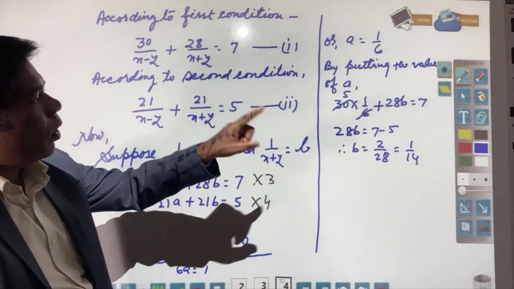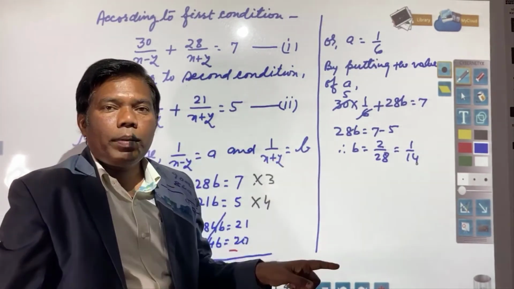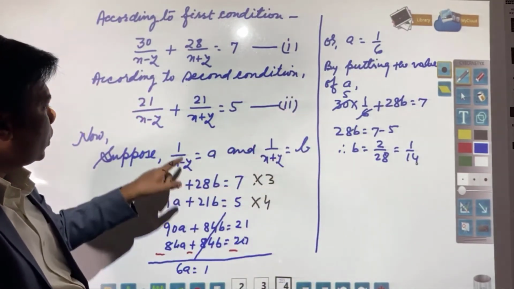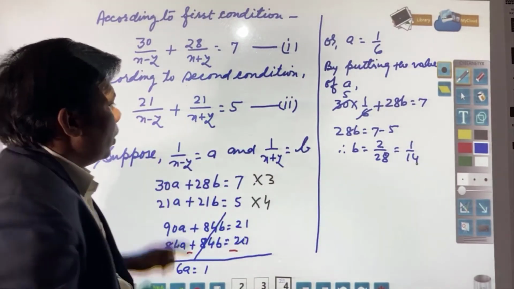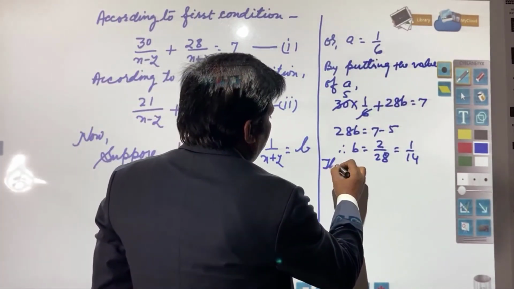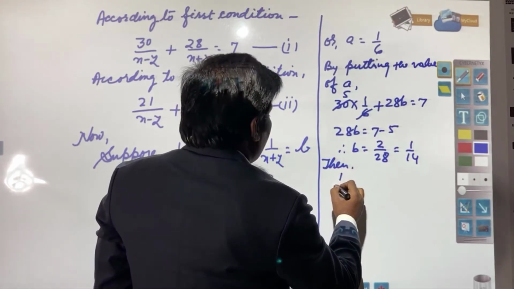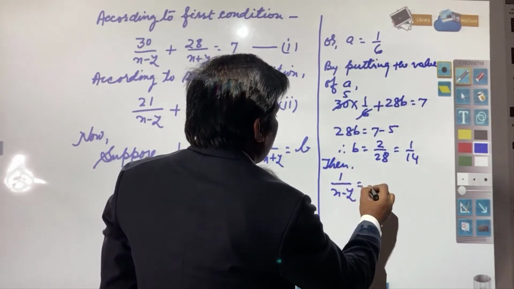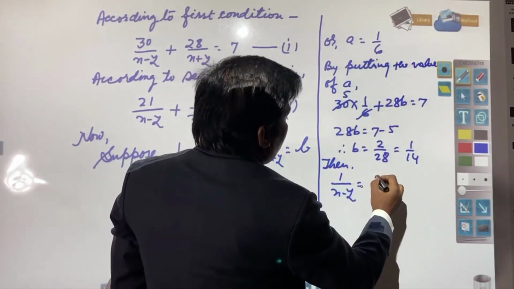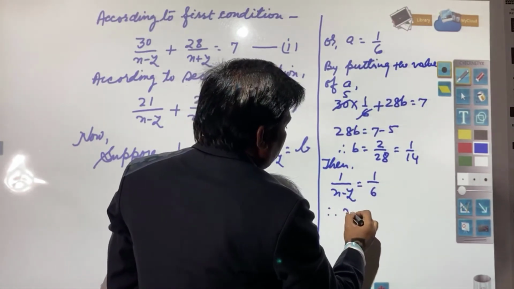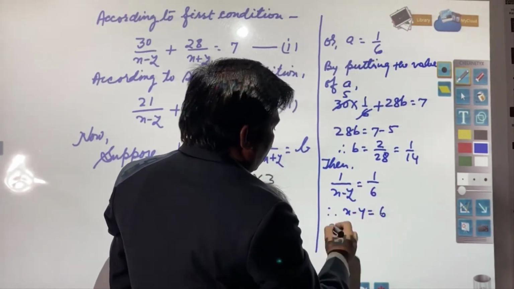Now a we have got 1 by 6, b we have got 1 by 14. These are required to be substituted. So 1 by x minus y is equal to a, which is 1 by 6. Therefore x minus y will be 6.